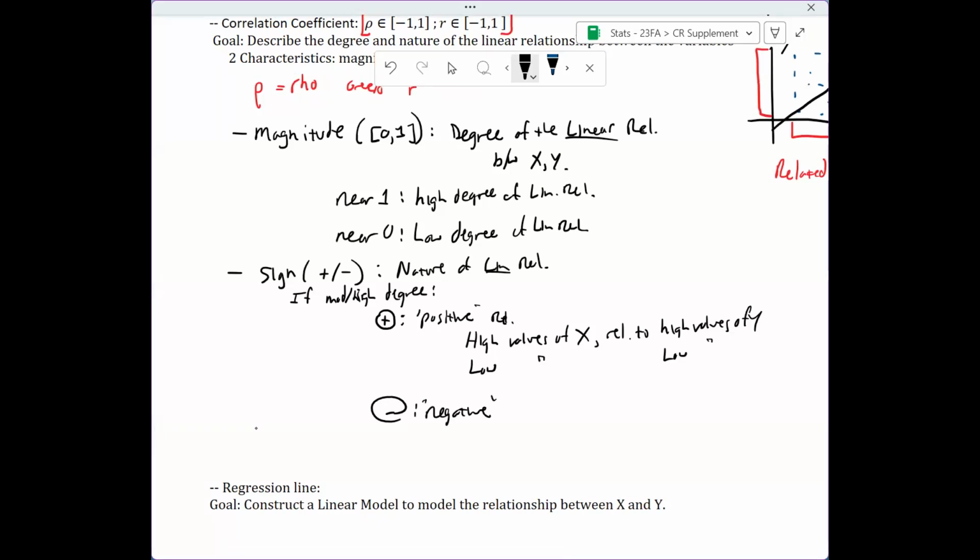And you can probably guess the negative sign, we would say that has a negative linear relationship. In this case, the variables kind of move opposite. So higher than typical values of X tend to correspond to lower than typical values of Y.